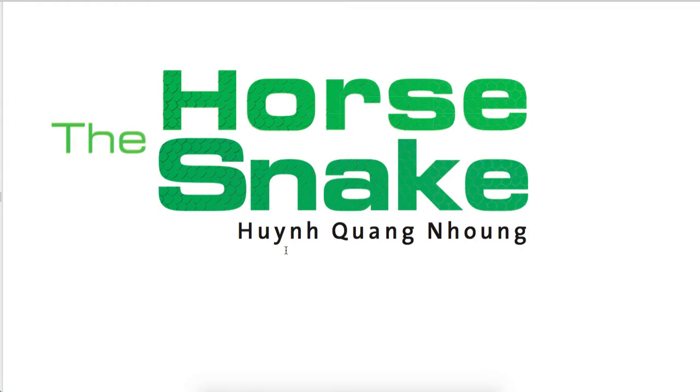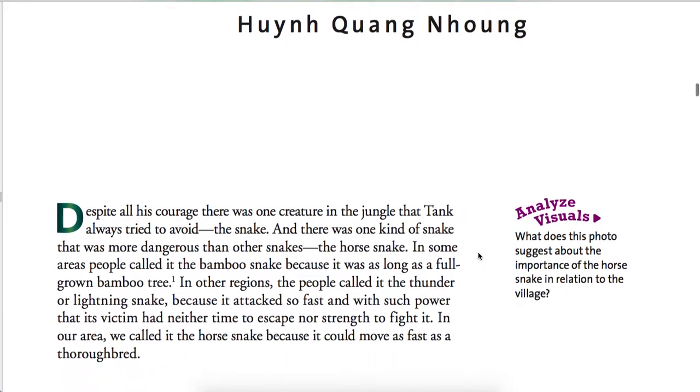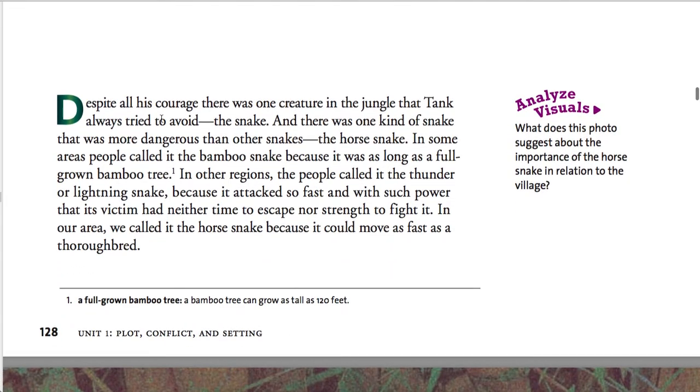The Horse Snake by Win Kwang Young. Despite all his courage, there was one creature in the jungle that Tank always tried to avoid: the snake. And there was one kind of snake that was more dangerous than other snakes: the horse snake. In some areas, people called it the bamboo snake because it was as long as a full-grown bamboo tree.